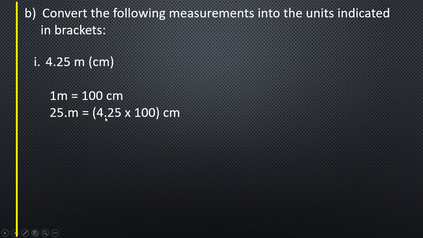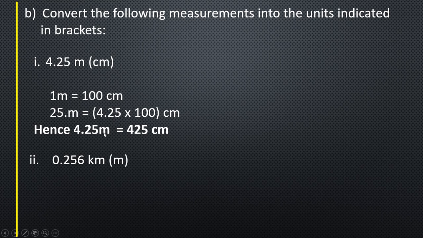We shall get 4.25 times 100, because 1 meter is equal to 100 centimeters. Hence 4.25 meters is equal to 425 centimeters. That's example 1.